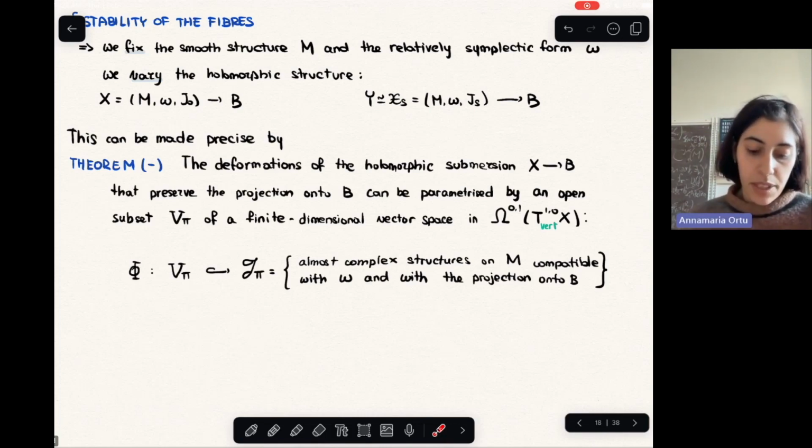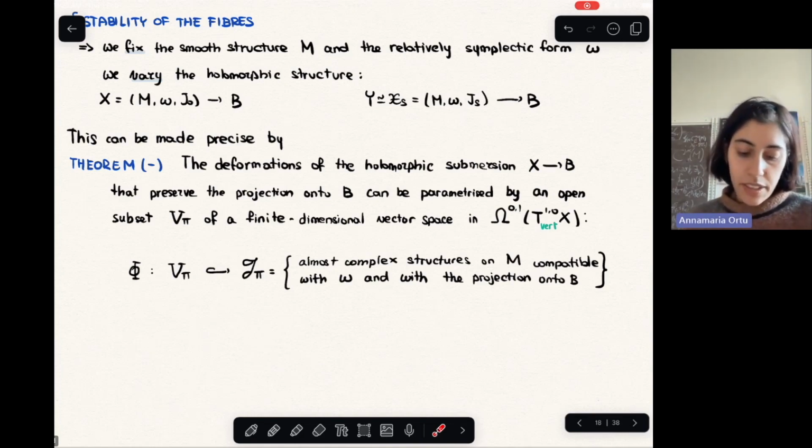And so this can be made more precise by this theorem that allows us to give a parameterization of all the deformations of X, so the deformations of the holomorphic submersion, of the holomorphic structure of X over B, that preserve the projection onto B. The base here is fixed from the start, so we always have to make sure that all these deformations and degenerations preserve the projection onto B. They can be parameterized by an open neighborhood of the origin in a finite dimensional vector space, a space of 0,1 forms with values in the 1,0 holomorphic tangent bundle.